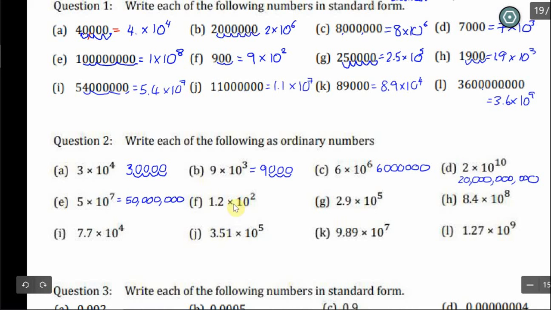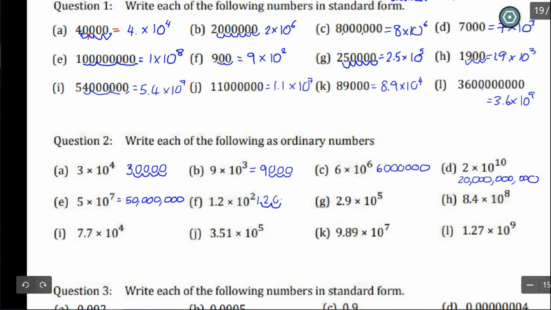Now when we get to question F, I'm not just going to add 2 zeros. I'll show you why. If I put 1.2 and then I put my pencil on the decimal point, because it's no longer going to be a decimal point, I'm going to move it once, twice, so it's going to be there now, the decimal point.